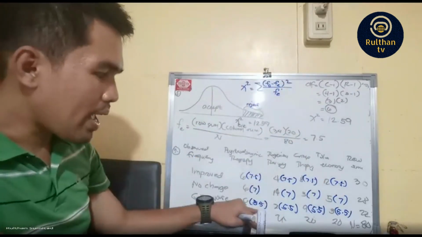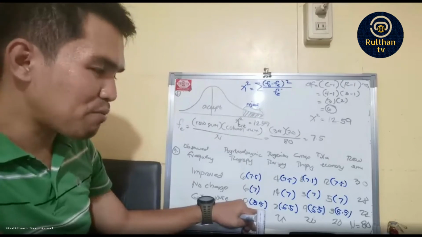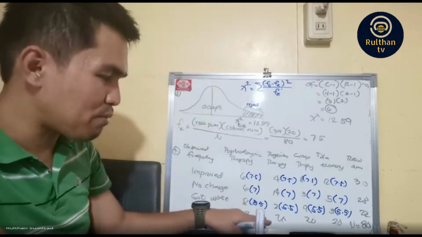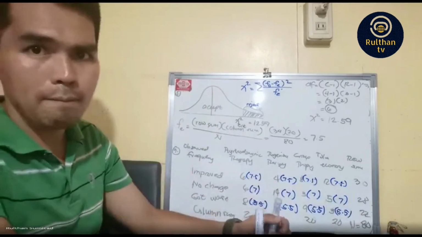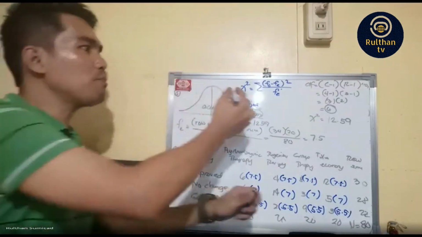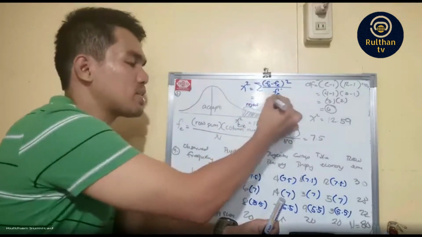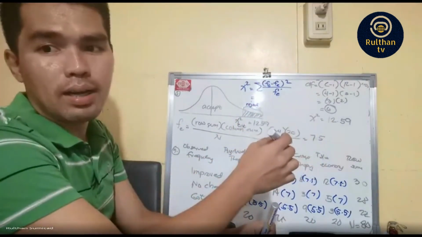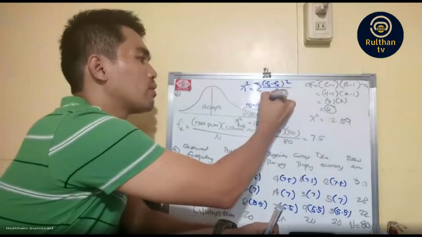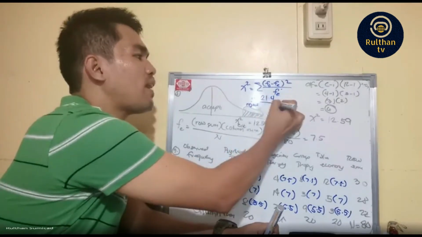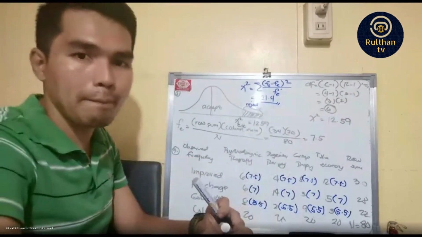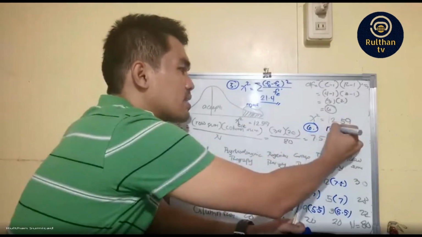Then 8 minus 5.5 squared divided by 5.5, until the last one. So what's the value? Our computed value here, if you perform the result, is 21.4. I hope you got this value, 21.4. So we reject.